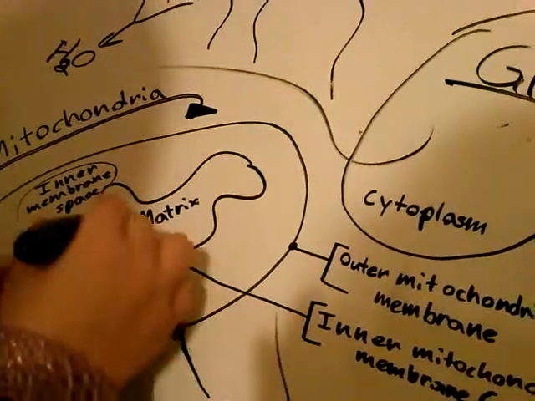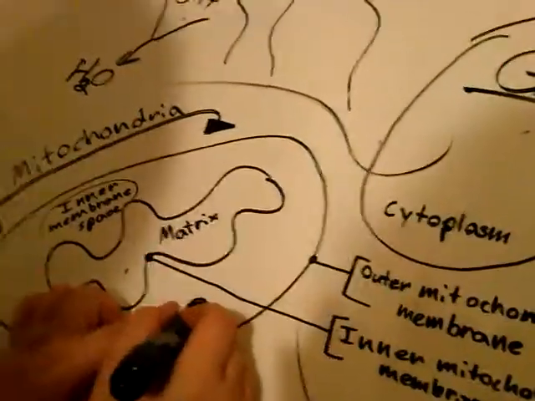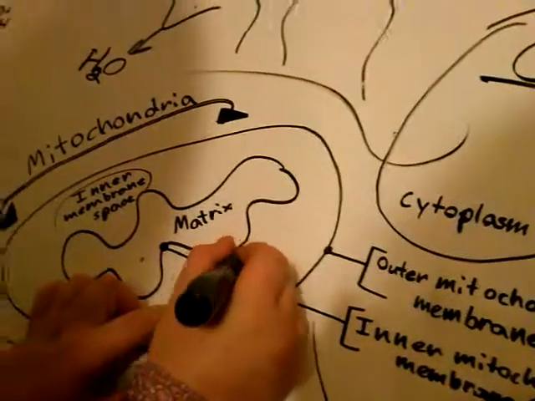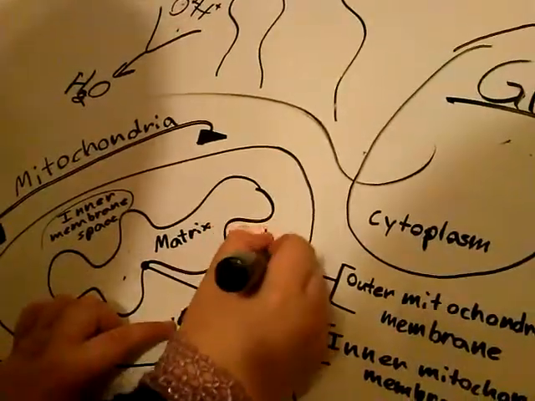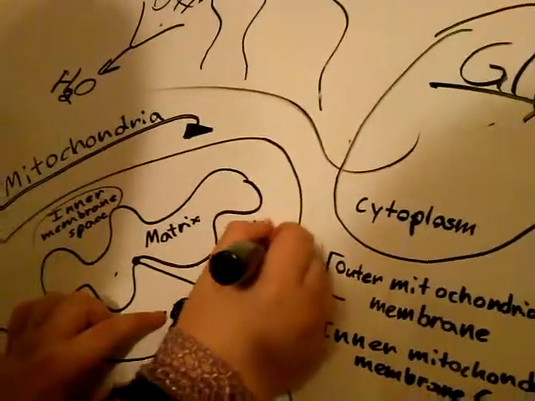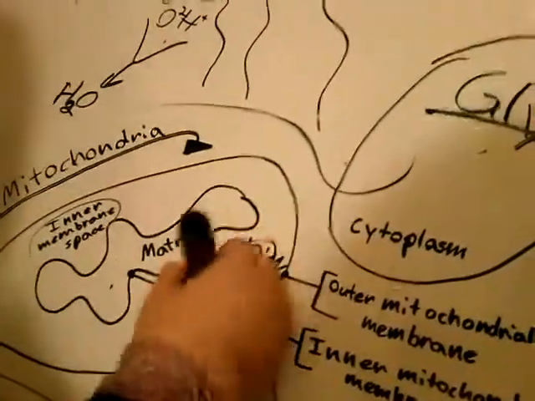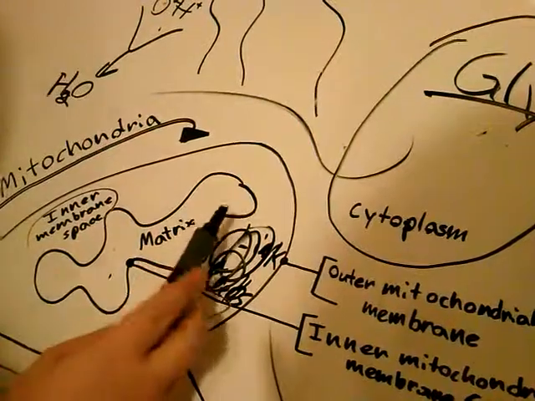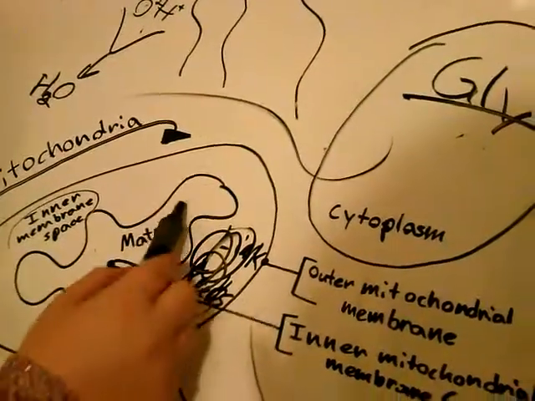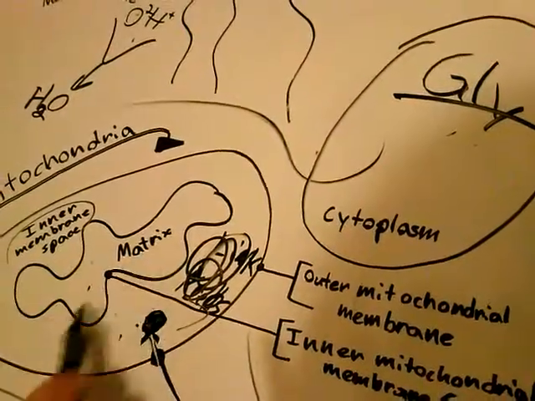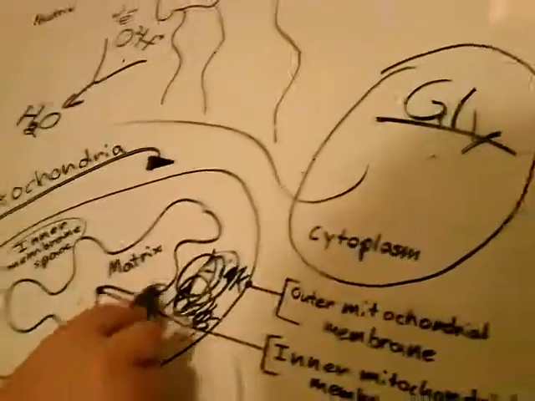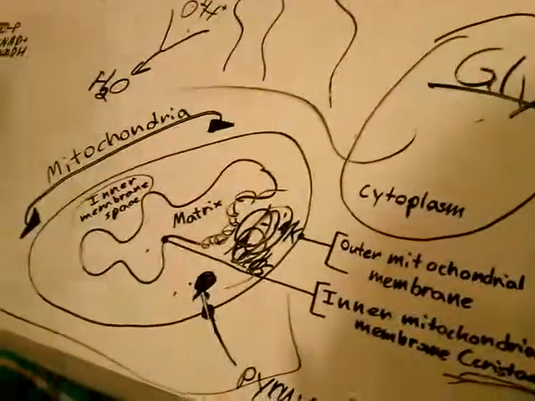Isn't that lovely? We have Krebs cycle and link reaction. All that happens in here. And then we get to use that stuff to build up this little thing, the gradient, on these little pumps right here. Yay! So that is cellular respiration.